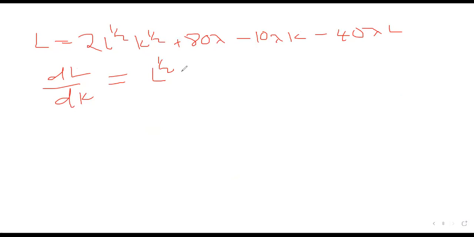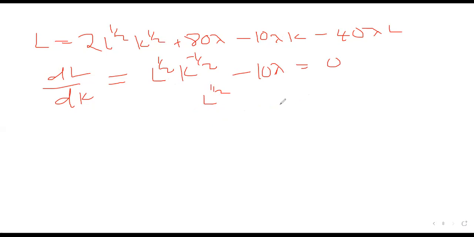Half times 2 is 1. Half minus 1 is K negative half. Here there's no K, it's a 0. Here there's a K. So 10 lambda K is just minus 10 lambda. Here there's no K, so it's just considered as a constant. So when you get it to 0, we're going to simply have L half over K half equal to 10 lambda.